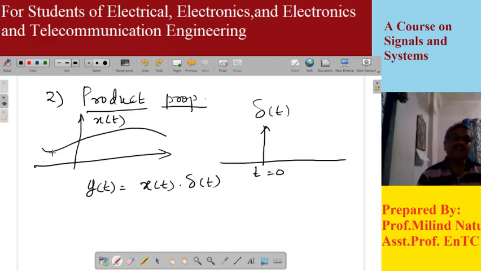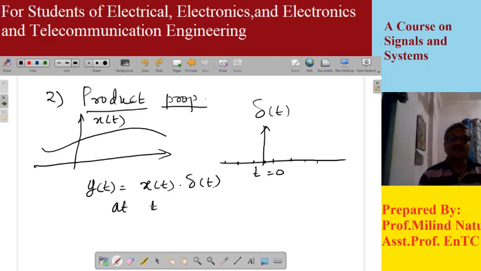When I start multiplying the left side part of this signal x of t, there is no left side signal available for this impulse. So here the value of impulse is 0 everywhere, which means multiplying by 0 with x of t results in 0. Similarly, multiplying on the right side also yields 0. So y of t is 0 everywhere except at t equal to 0.